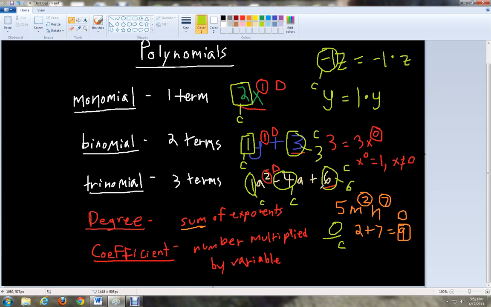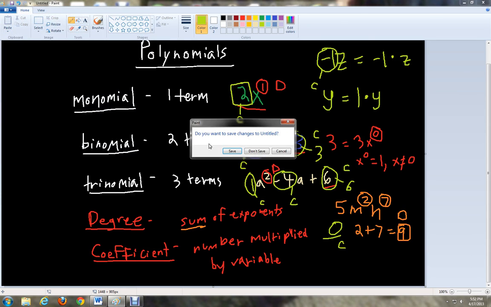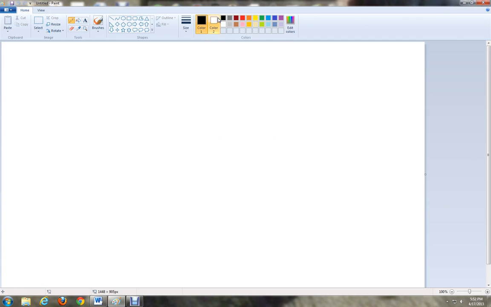So, okay, we've talked about the degree and the coefficient of individual terms, and now we need to look at the degree and something called the leading coefficient of an entire polynomial, when we have two or more terms added or subtracted together. So let's create a new board here.